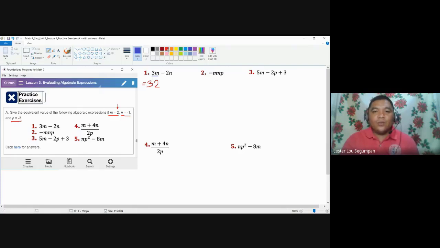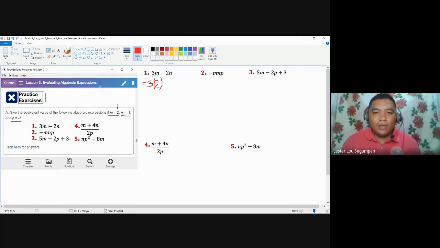In short, we also need to make sure that as we substitute the value of m, which is 2, it also uses multiplication. My suggestion for everyone is when you evaluate, always use parentheses, regardless of whether it's multiplication or addition or any operation. Just for you to be guided that there are values which are negatives, just like what will happen here in n.